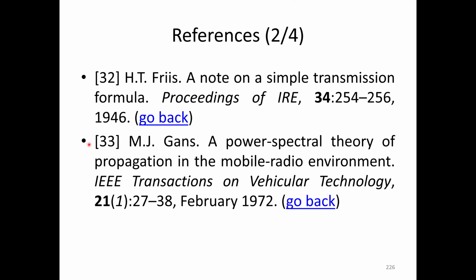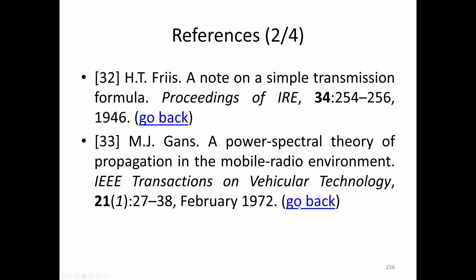Okay, reference 33 is a journal paper which was written by M.J. Gans. The title of the paper is A Power Spectral Theory of Propagation in the Mobile Radio Environment, which was published in the journal IEEE Transactions on Vehicular Technology in 1972.